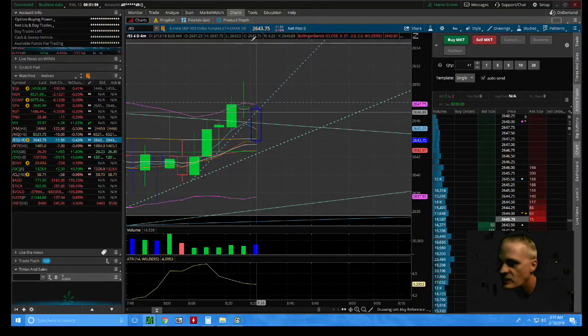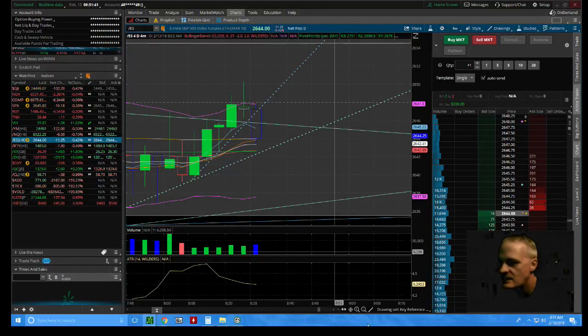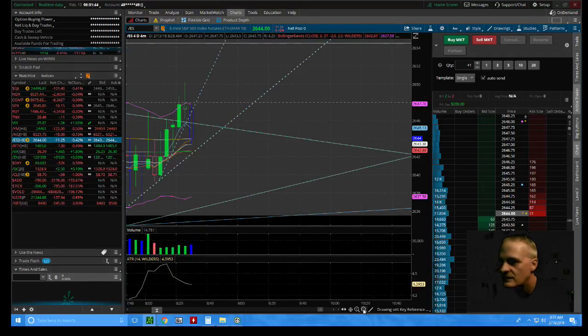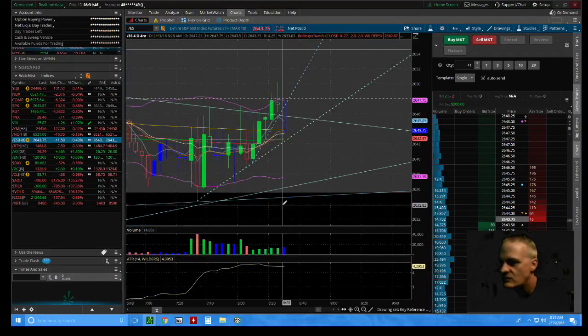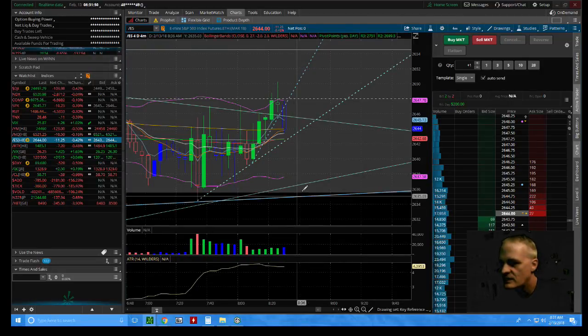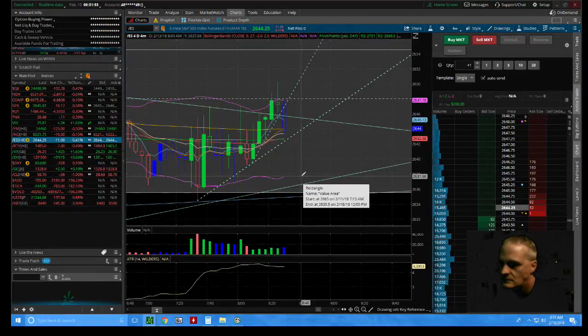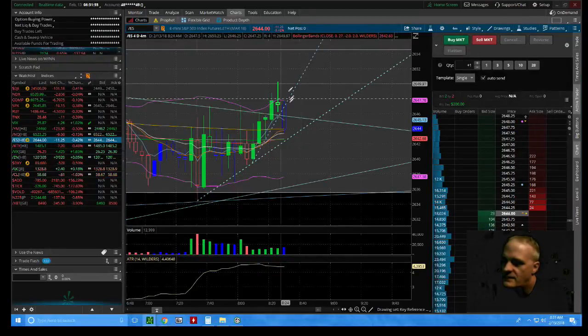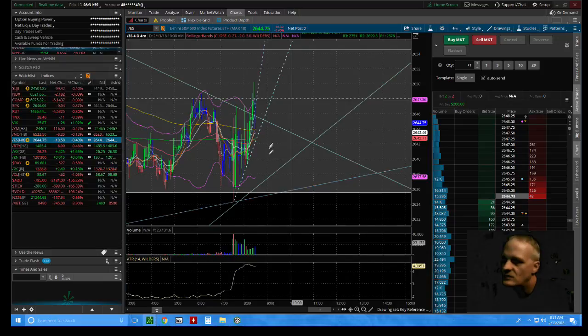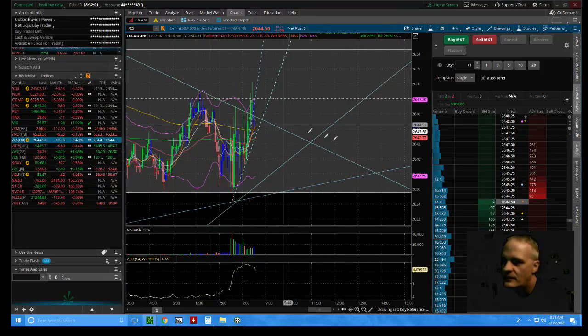So how good a job is it doing getting there? Well, now it's not. It's doing a pretty poor job of getting to that POC. Now it looks like it's trying to trade down towards here, bottom of this trend line. I haven't talked about this yet today. This rectangle, this gray area, this is the value area.